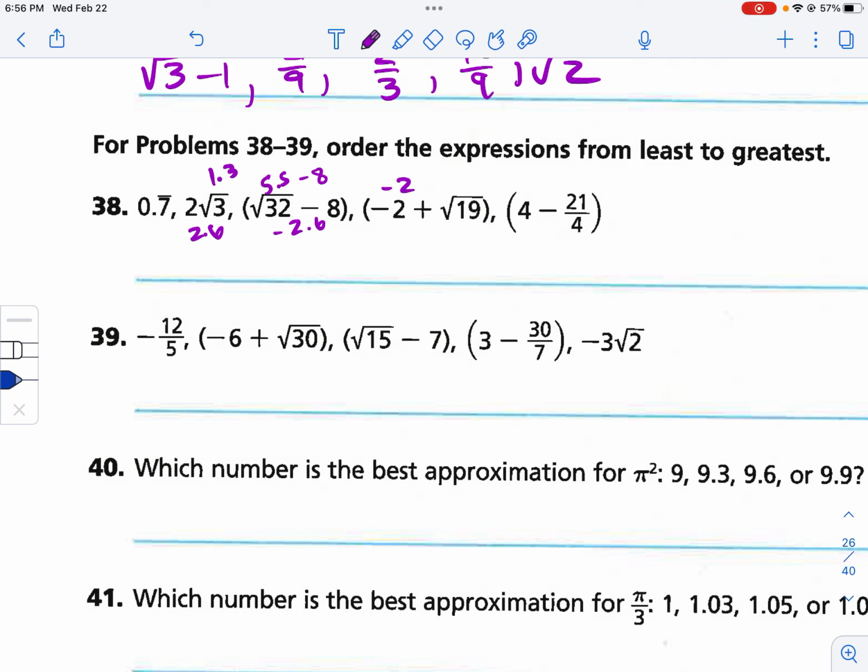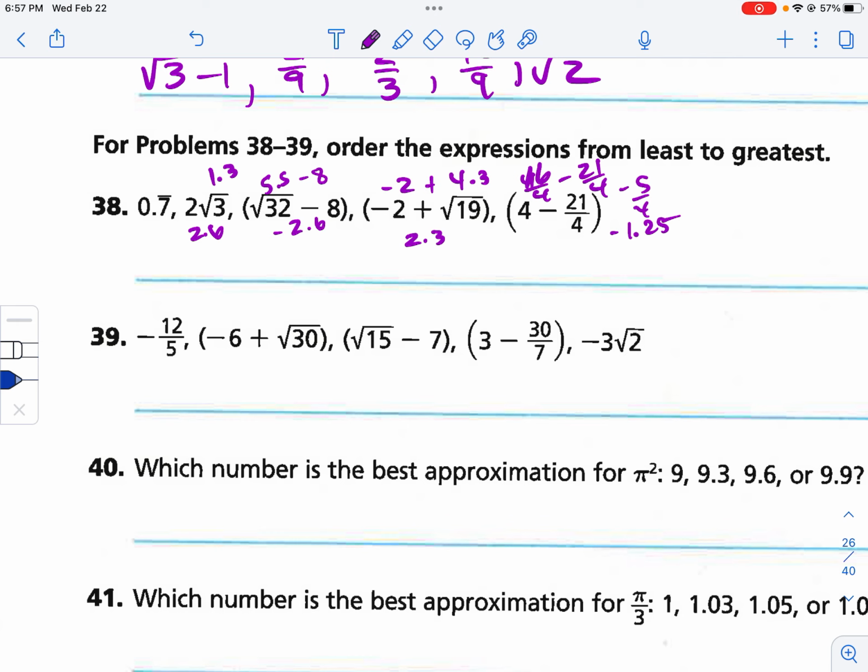This is negative 2 plus 4.3. And so I would get 2.3-ish. This would be 4. It's going to be 16 over 4 minus 21 over 4. That'll get negative 5/4, so negative 1.25.